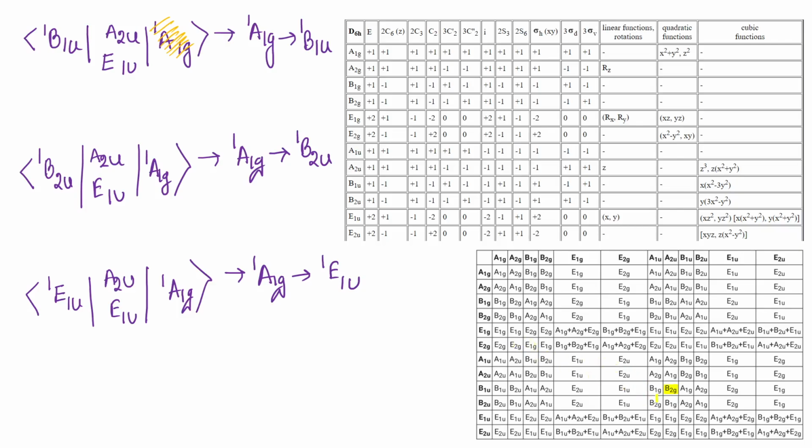And when I multiply B1u with E1u, that gives me E2g. So they don't yield any totally symmetric representation, right?